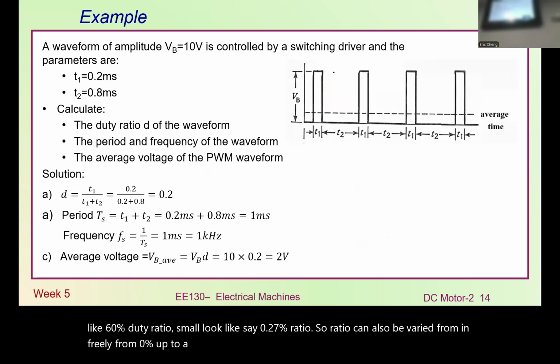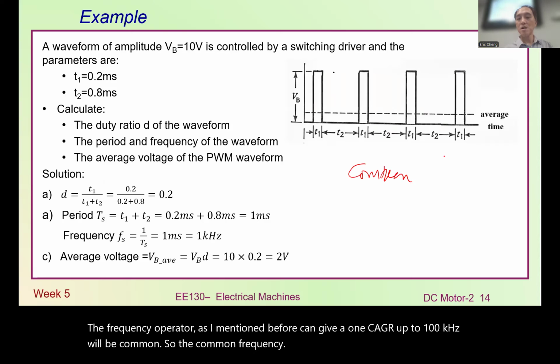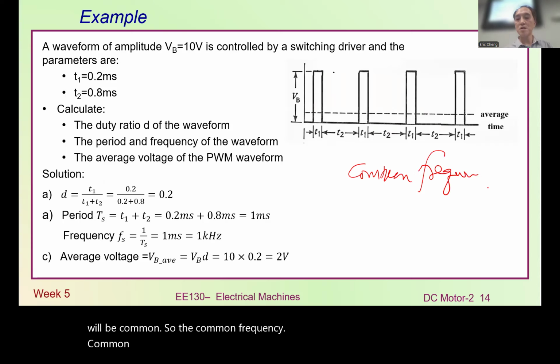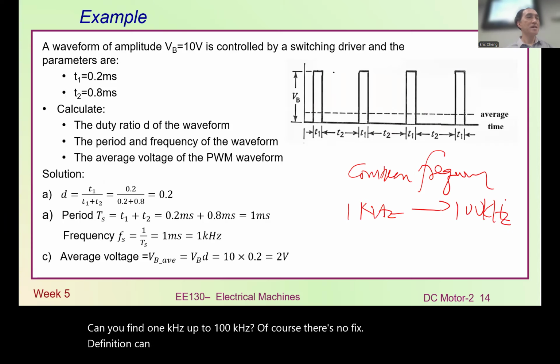The frequency of operation, as I mentioned before, can be from 1 kHz up to 100 kHz, which will be common. Of course, there's no fixed definition, it can be anything.